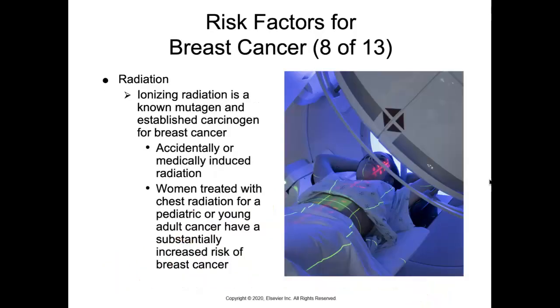Ionizing radiation, which we know is a mutagen and a carcinogen for breast cancer. We can have accidental or medically induced radiation, or a woman maybe was treated with chest radiation for a pediatric or young adult cancer that can then increase our risk for breast cancer.